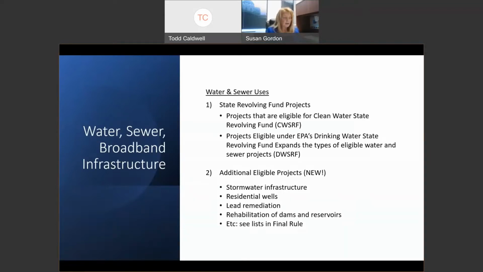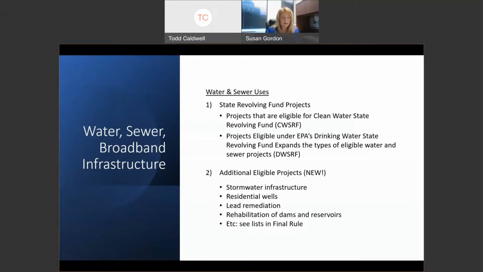All right, and then the last category, of course, is the water, sewer, and broadband infrastructure. In the interim final rule, it had kind of limited the projects that you could undertake by limiting to those that were eligible under the Clean Water State Revolving Fund or the Drinking Water State Revolving Fund. But now it's expanded those in the final rule.